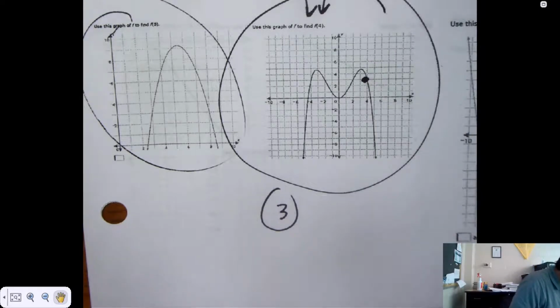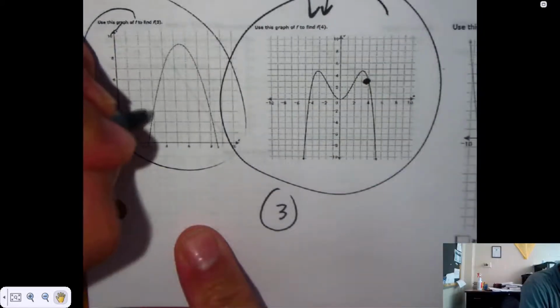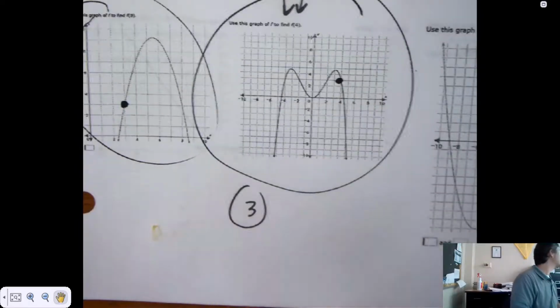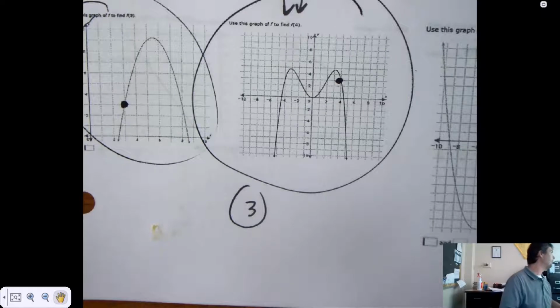Savannah, what was f of 3? F of 3 is just where you go to where x is 3. Not y. It's not f of x equals 3. It's just f of 3. So which one is the answer? 3. Yeah, y equals 3 there.